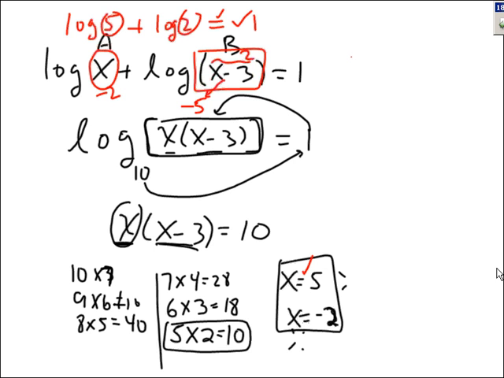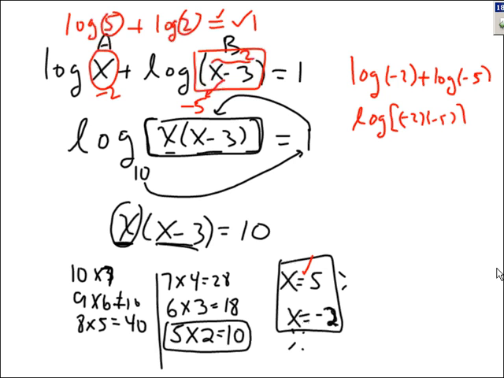But the reason it's giving you that answer is because if you made the mistake and multiplied negative 2 times negative 5, you will be taking the log of 10. So the left side is the log of 10, but that does equal 1.